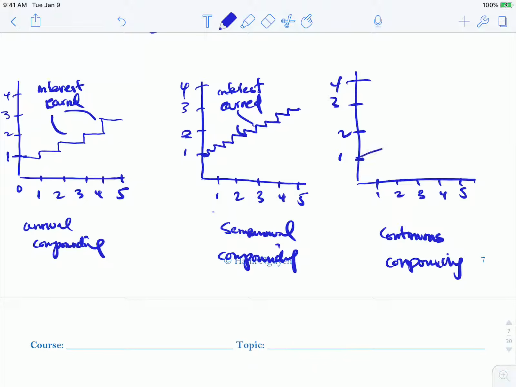It actually looks like this. Let me draw it better. All of this is the interest earned. It's exponentially increasing.